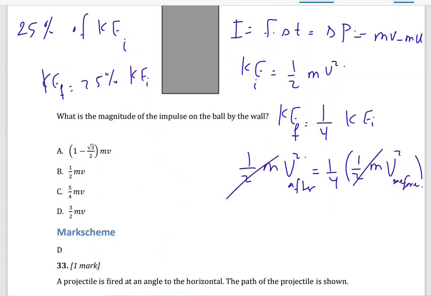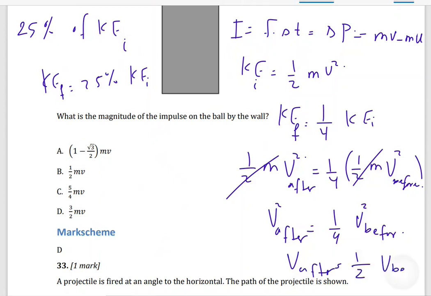Half m and half m cancel each other out. So V after squared will be 1/4 V before squared. If I take the square root of both sides, V after will be half V before.